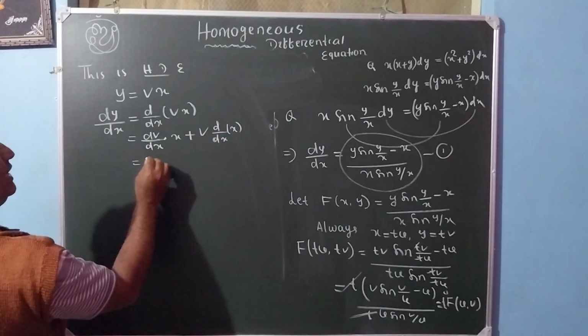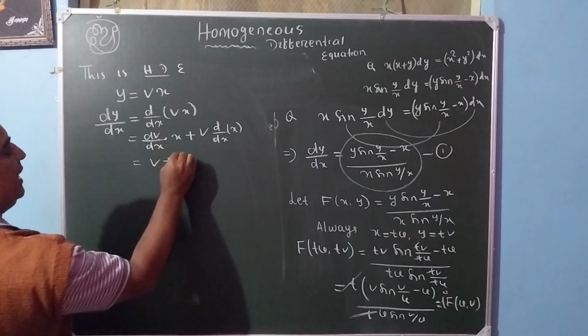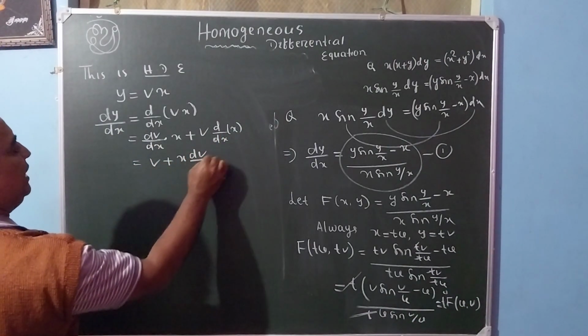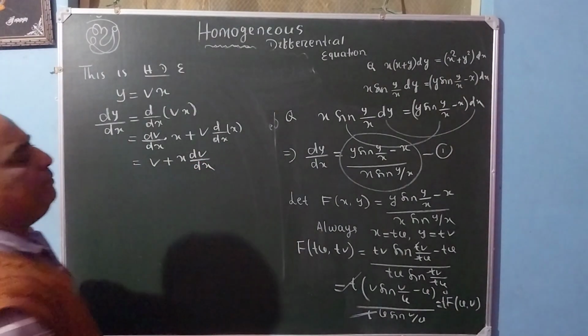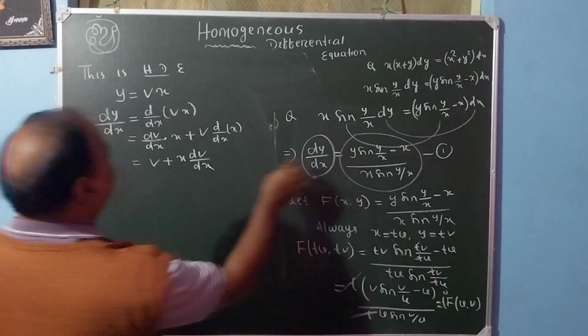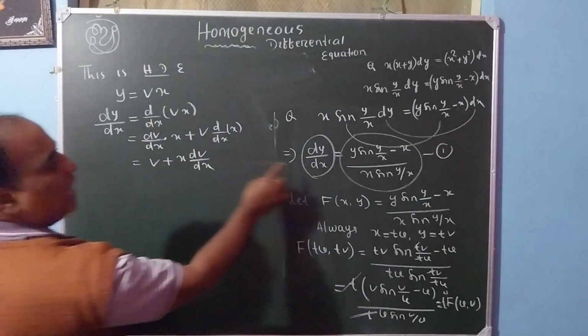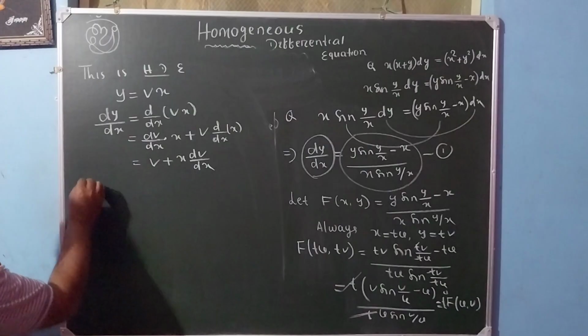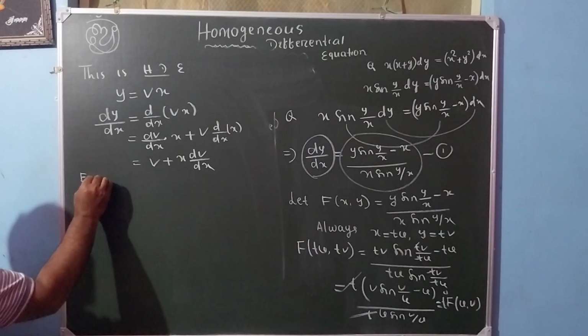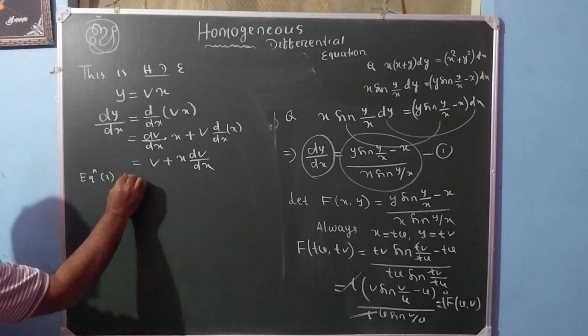So that is v plus x dv by dx. Now equation 1 becomes: in place of dy by dx we have to put this, and in place of y we have to put vx.